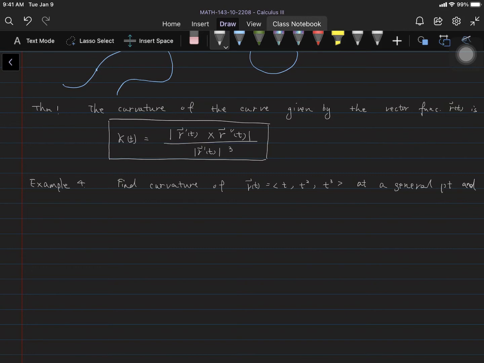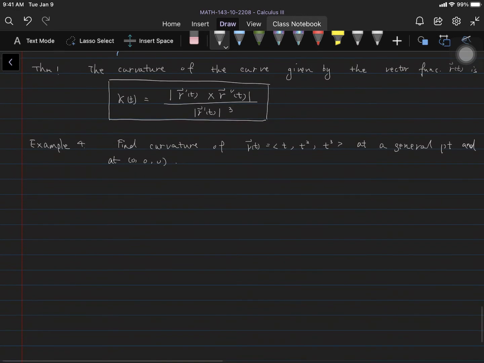So this means we want to find the general formula for the curvature and then plug in the point (0, 0) to find the curvature at that point. So now we want to use the formula. The first thing we need to calculate is the first derivative. It's pretty easy to see from here: 1, 2t, 3t squared. And then we calculate the second derivative, which is 0, 2, 6t.